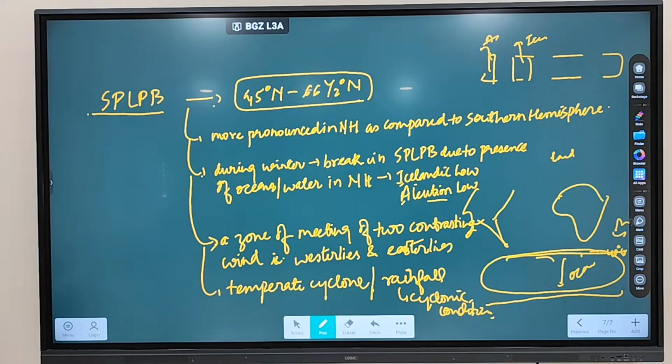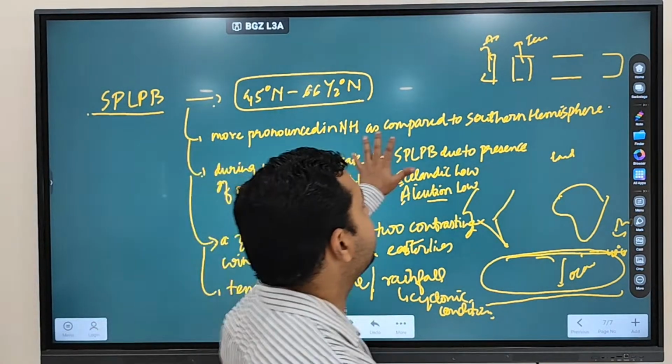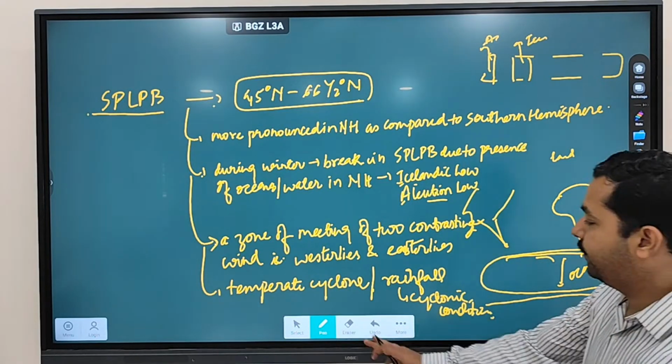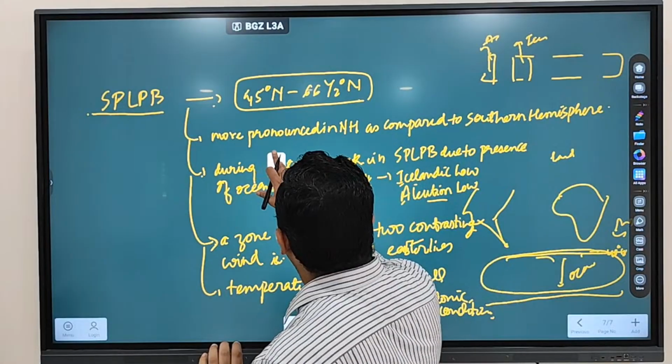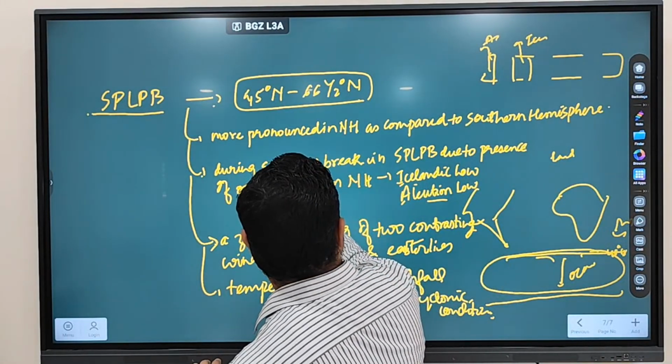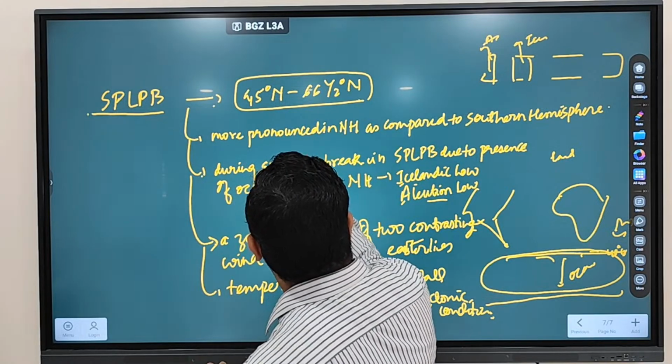Fine. So this is an important thing that you have to keep in mind. It is more pronounced in northern hemisphere as compared to southern hemisphere. One more thing, sorry: during summer, not winter, right?